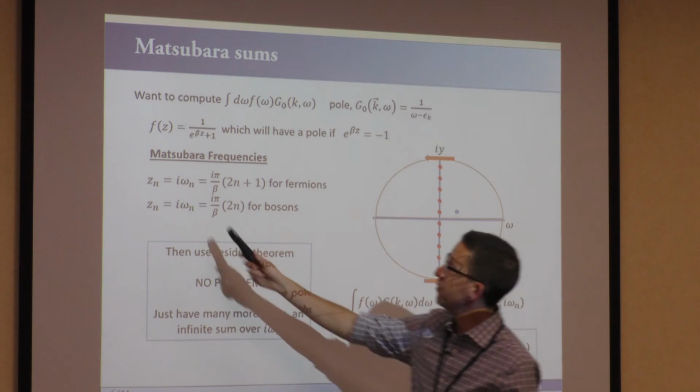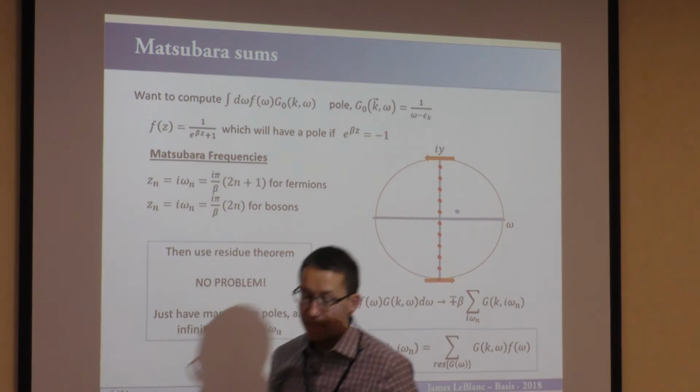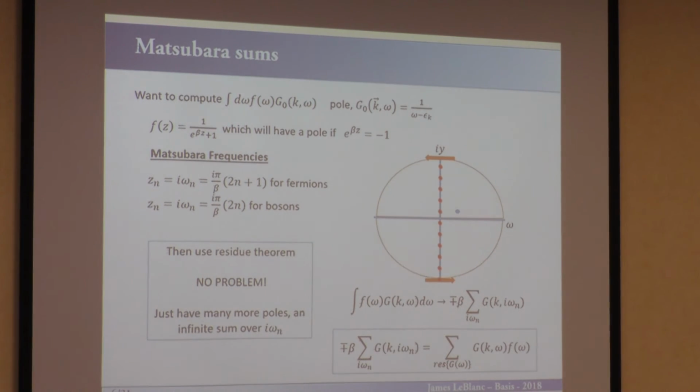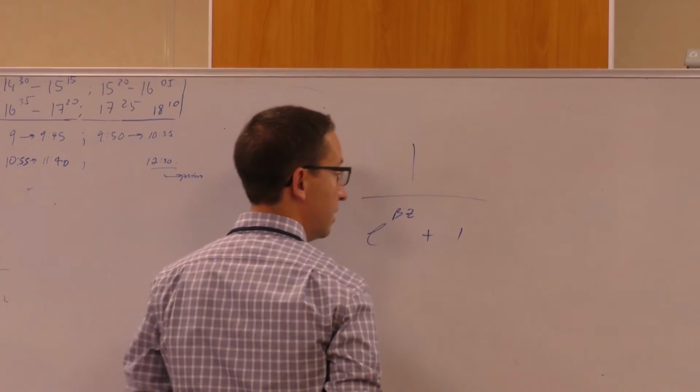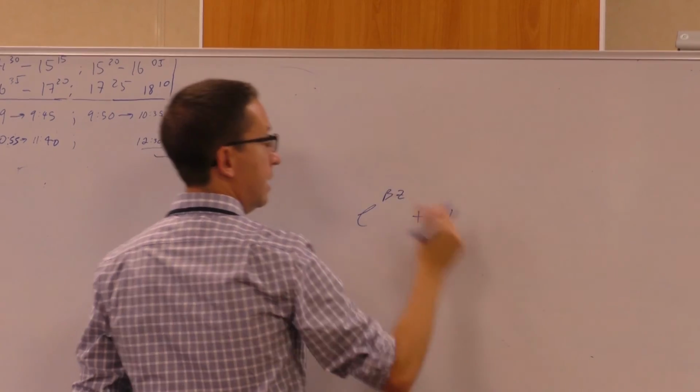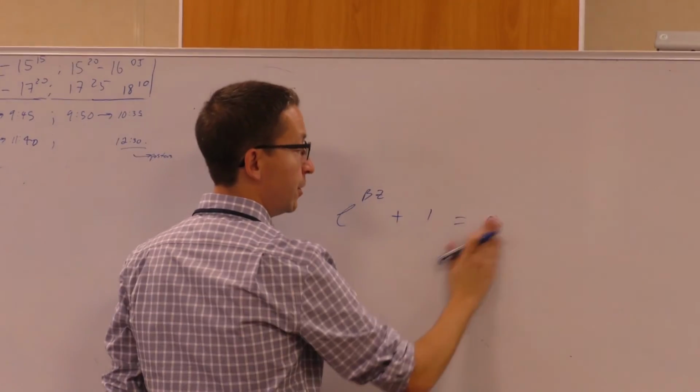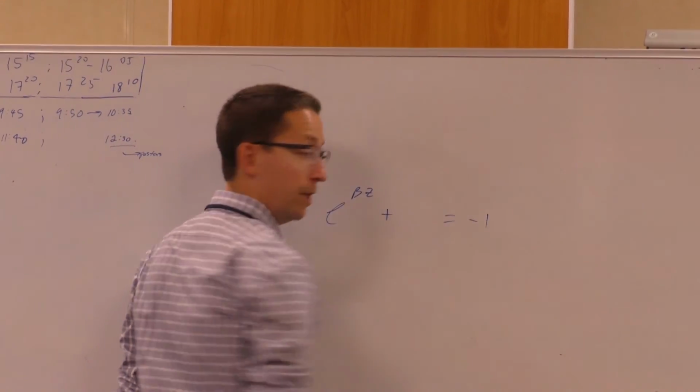That is because the Fermi function is given by this equation, 1 over e to the beta z plus 1. So when your denominator is equal to 0, that's when e to the beta z is equal to minus 1.